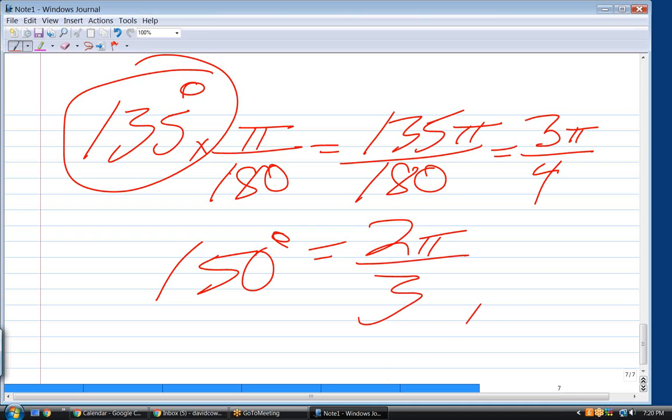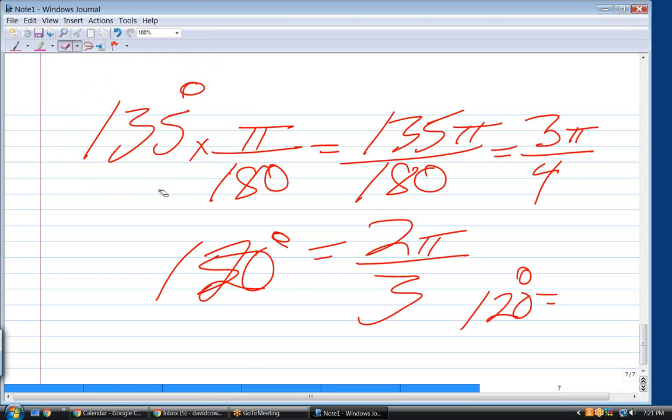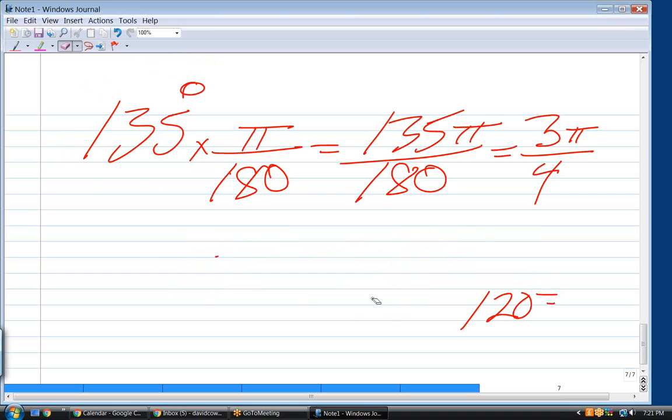I know 120 degrees is 2 pi over 3. In other words, once you get kind of used to working in radians, you don't go through this conversion. It just makes it easier.